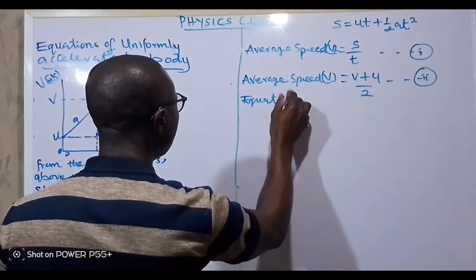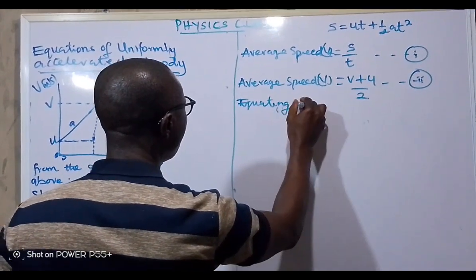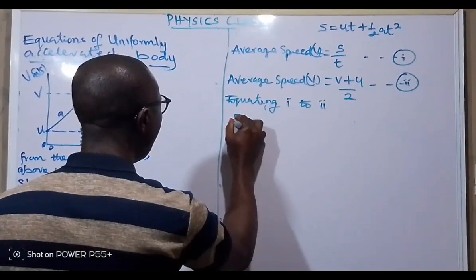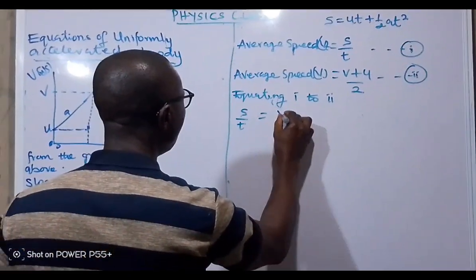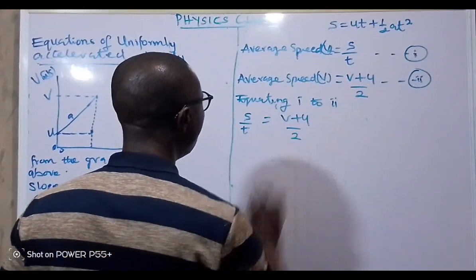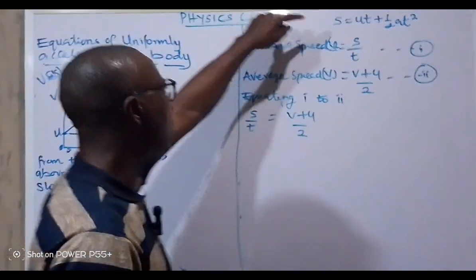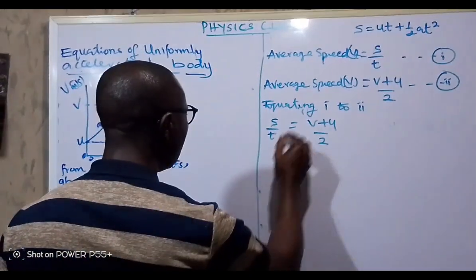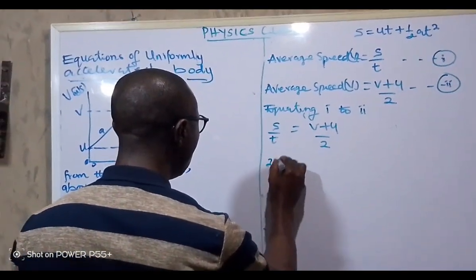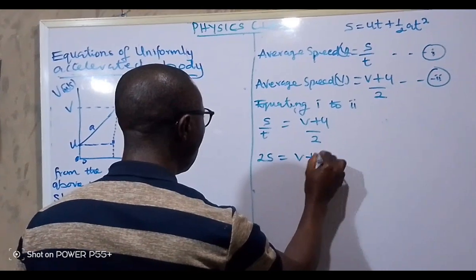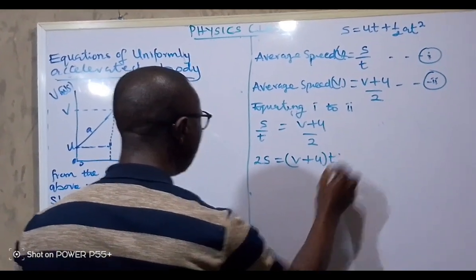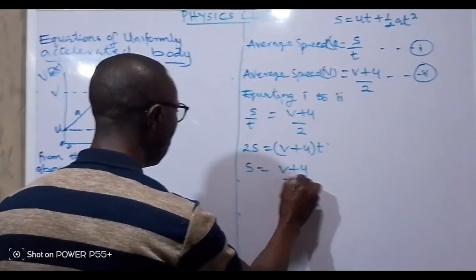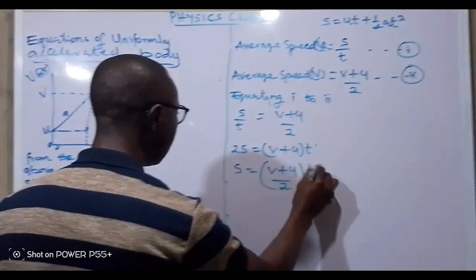Equating 1 to 2, we are going to have S over T is equal to V plus U over 2. Mind you, in equation 2, S is the subject. Now let's make S the subject of this one. Then we are going to have 2S equal to V plus U into bracket T. Now our S will be equal to V plus U over 2 into bracket T.